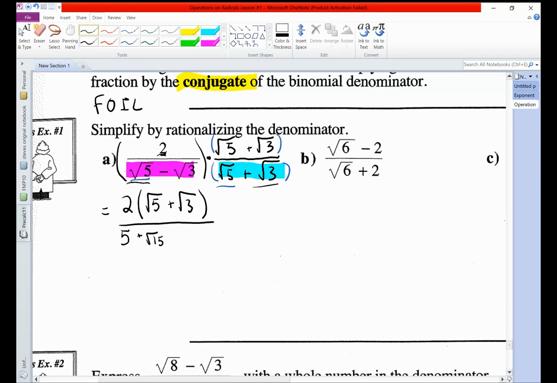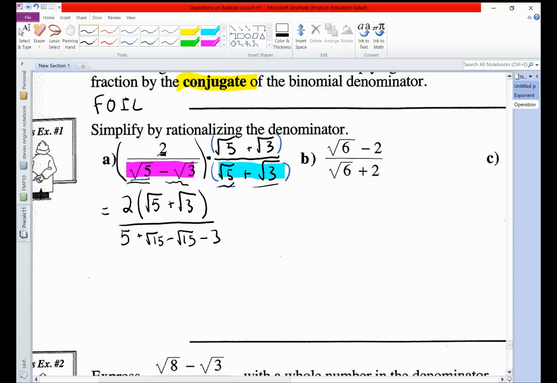Then the inside terms, negative root 3 multiplied by positive root 5, give us minus root 15. And finally the last terms, negative root 3 multiplied by positive root 3, give me negative 3.